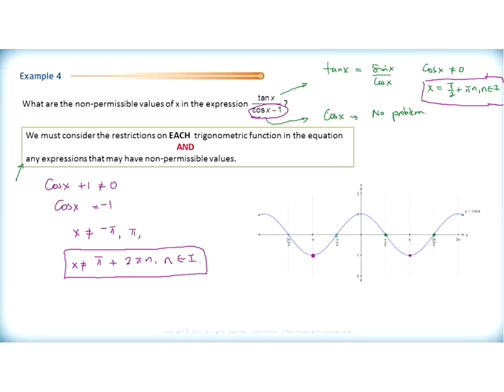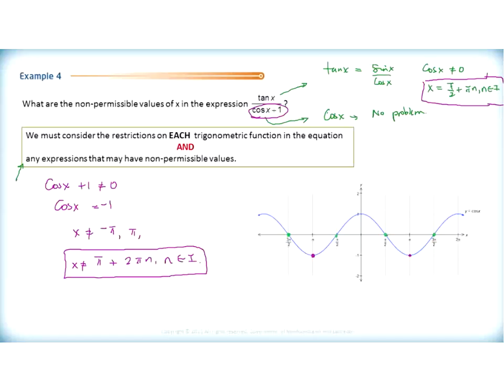There's an answer there. There's an answer there corresponding with these answers here. But again, if you look at them, there are other values. We just can't say pi over 2 plus pi over 2n because 0 is not a solution. 2 pi is not a solution. So because of that, we can't do that. We just need to leave them as two separate sets of non-permissible values.